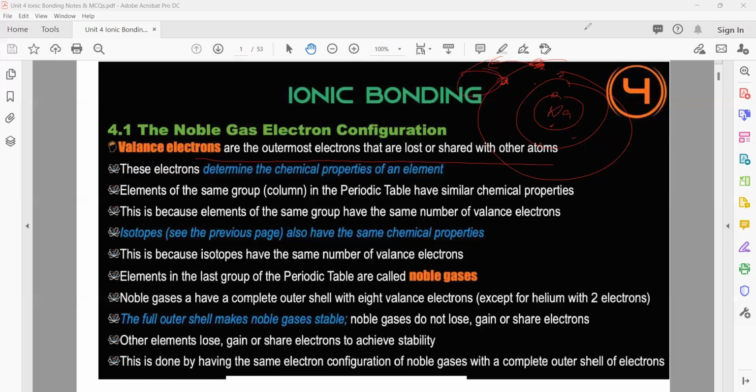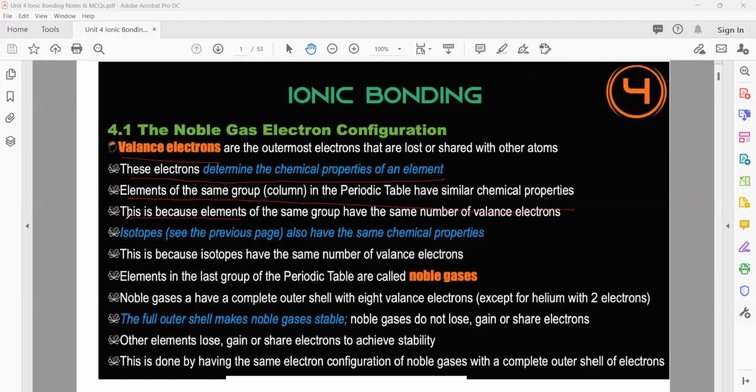So it means that any type of bonding depends on the valence electrons, the outermost shell electrons. These electrons determine the chemical properties of an element. How an element behaves depends on the valence electrons. Elements of the same group, or column, in the periodic table have similar chemical properties.